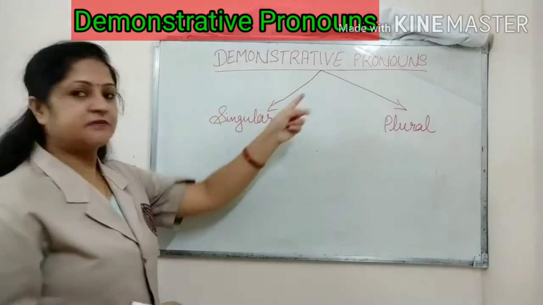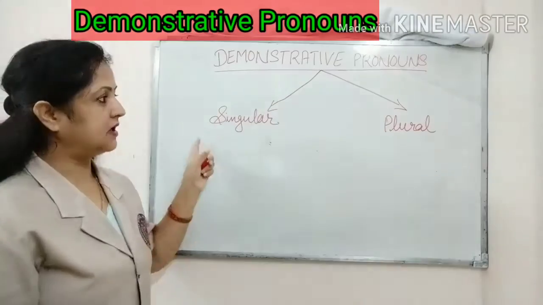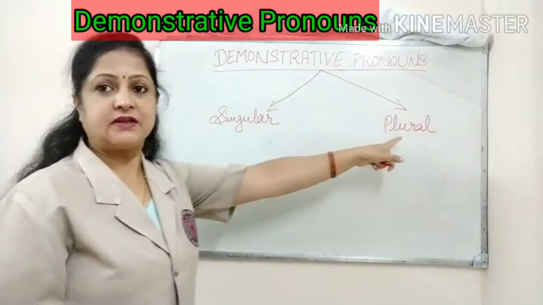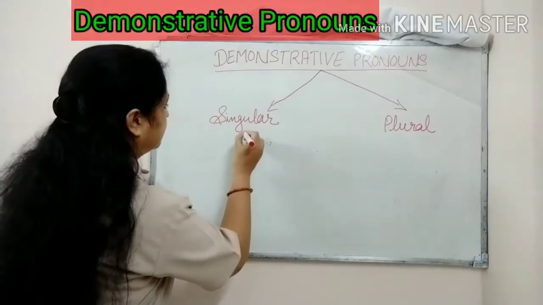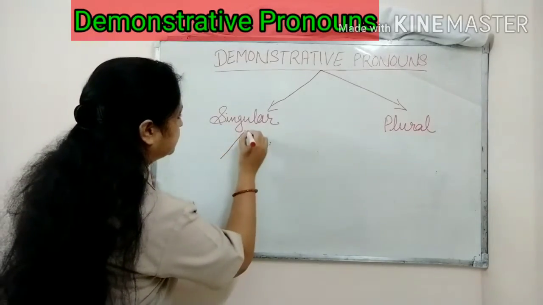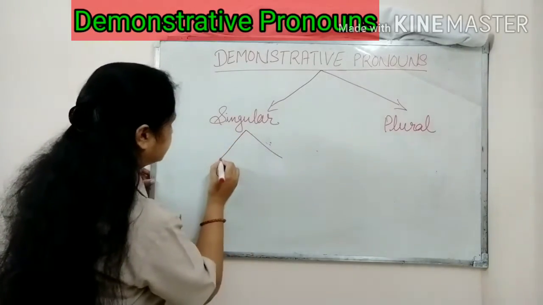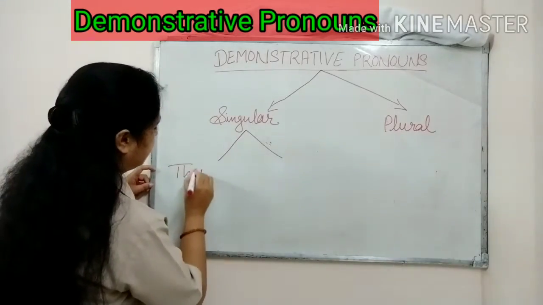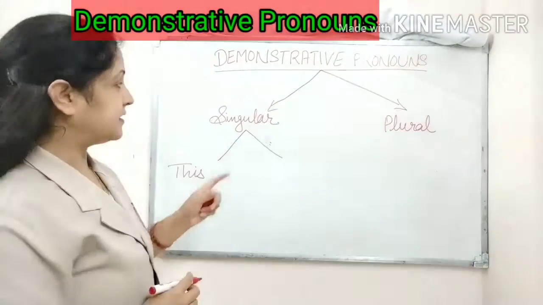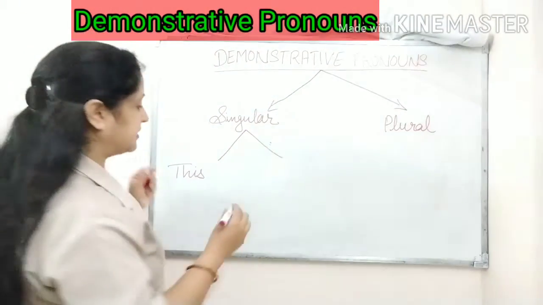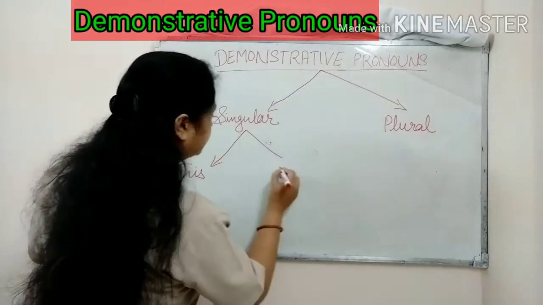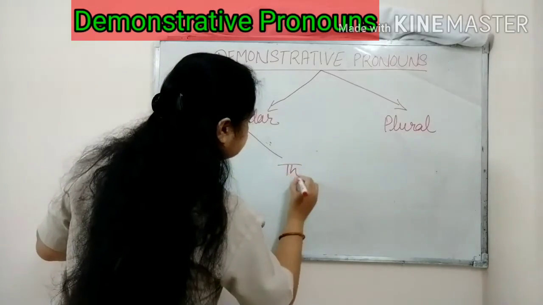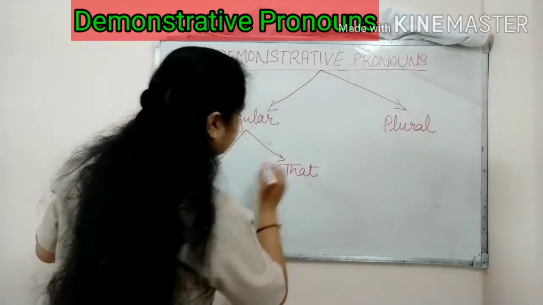There are two types of singular demonstrative pronouns. The first singular demonstrative pronoun is this, and the second singular demonstrative pronoun is that.